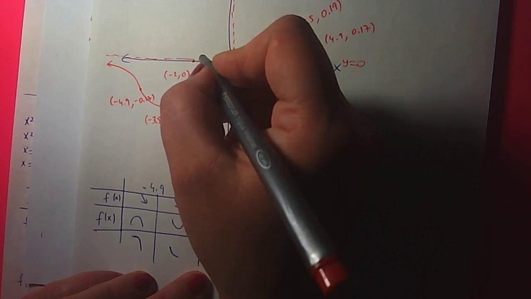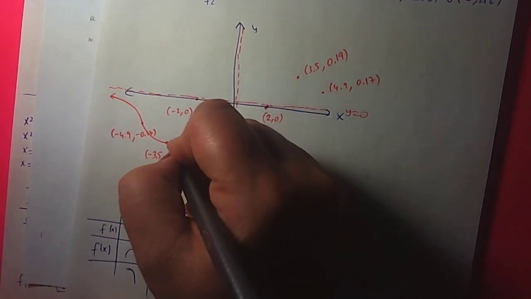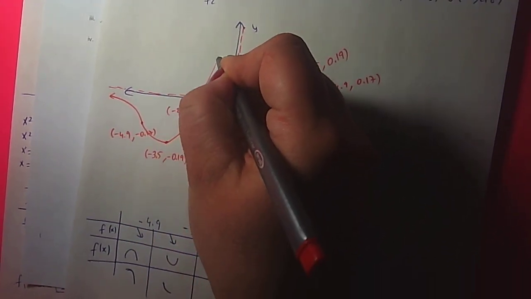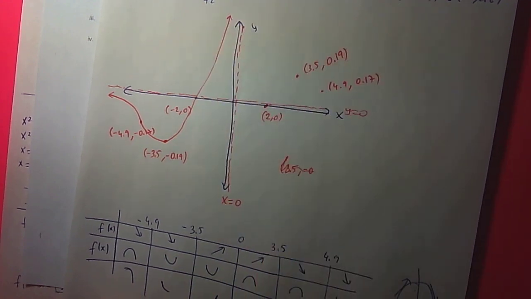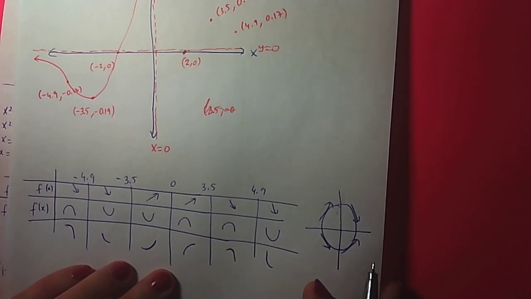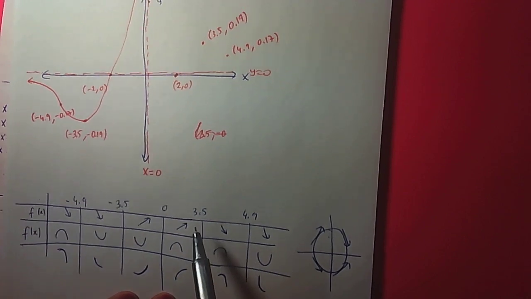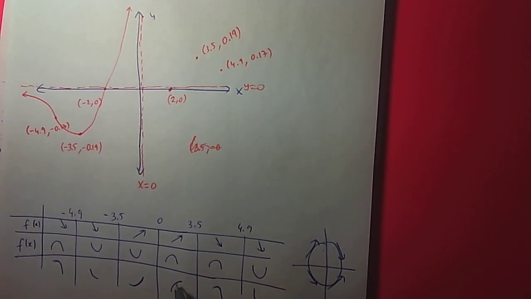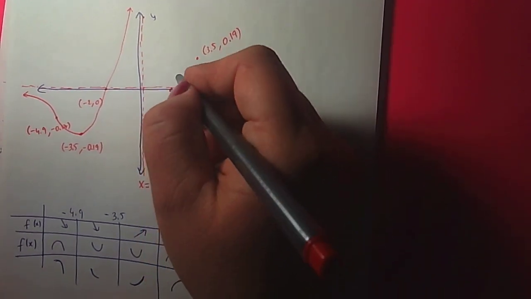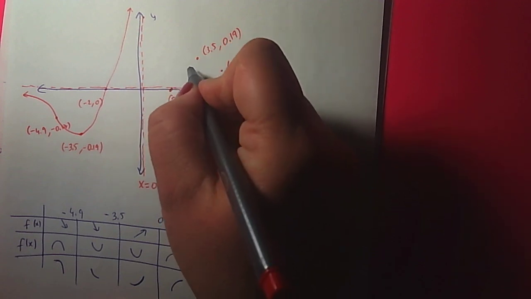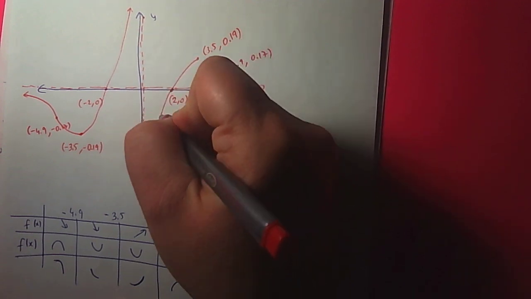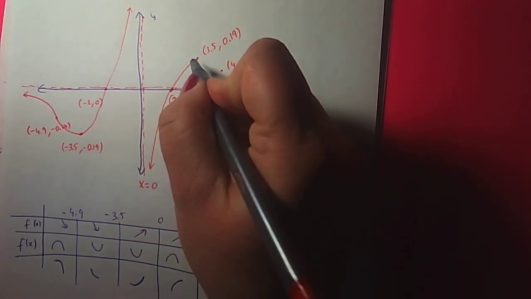And make sure to pass through the x-intercept and approach the vertical asymptote. Between 0 and 3.5, this is the shape. And make sure you pass through the x-intercept again.